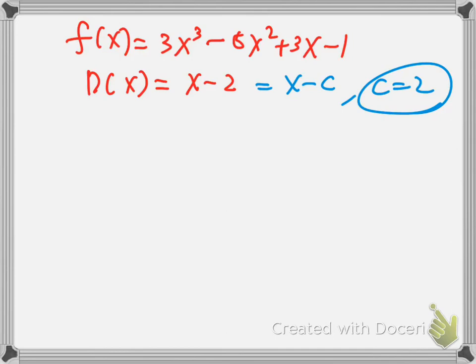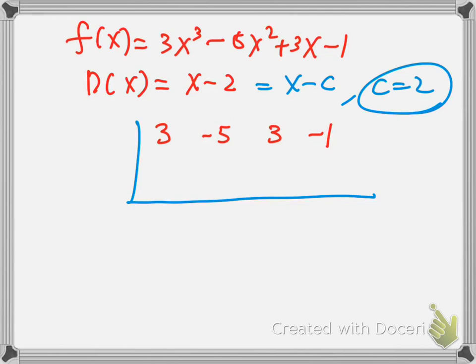This is very important: you have to know what number c is. Then we can do the synthetic division. Inside we have 3, -5, 3, -1, these four numbers of f, and c is 2 outside.